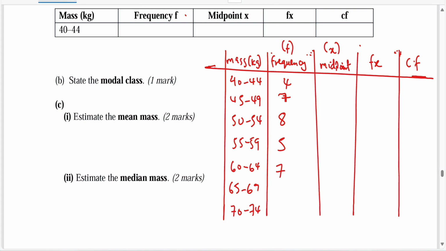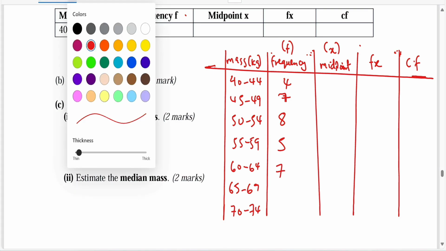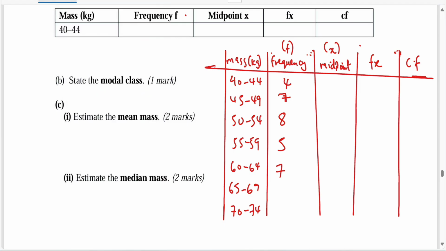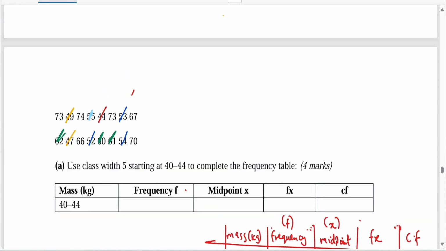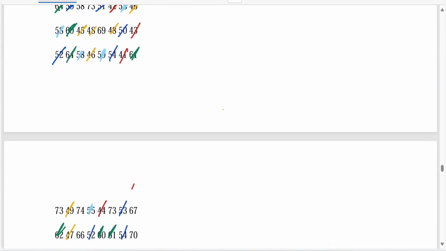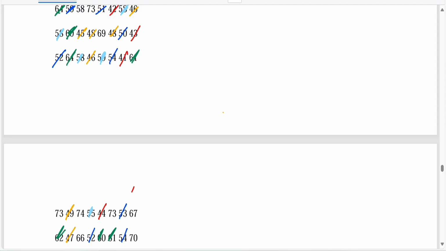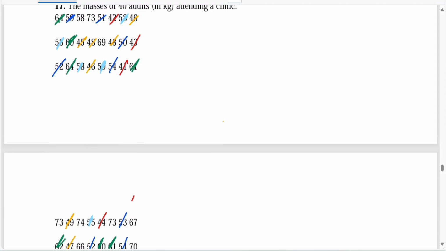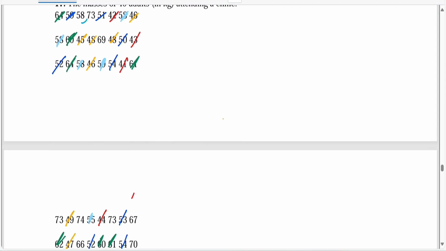65 to 69. Let's use another one now. 65 to 69. Okay. Oh, tumesahau hii 58.